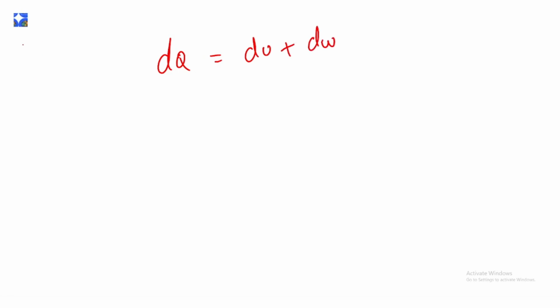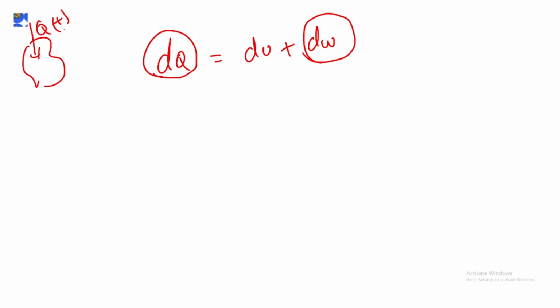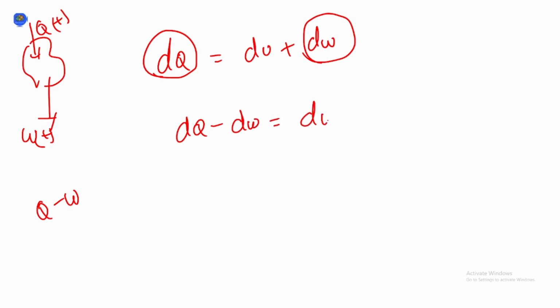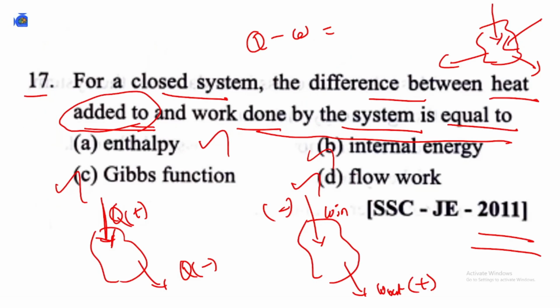You don't need to make any sign convention changes, because heat is being transferred to the system, which is positive, and work is being done by the system, so again it is positive. They asked about the difference between heat and work, so dQ minus dW is equal to dU, which is nothing but internal energy. So option B would be the correct answer, internal energy.